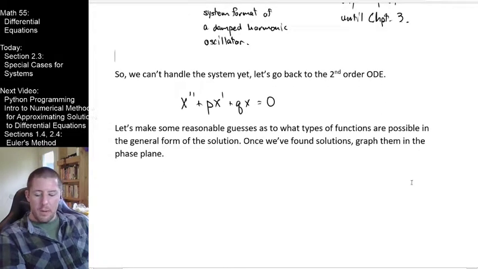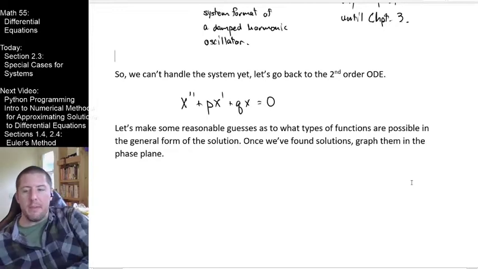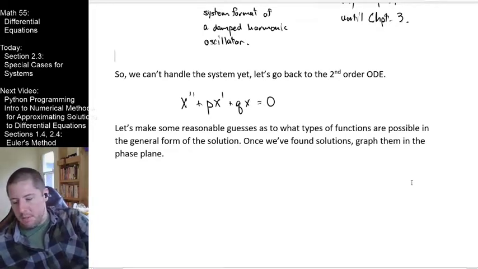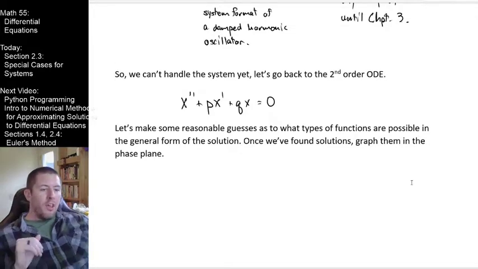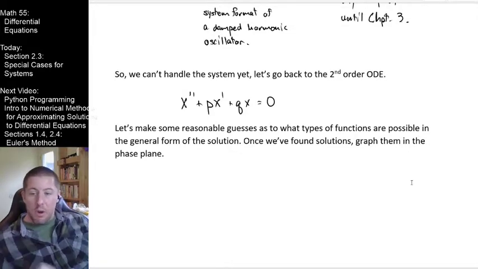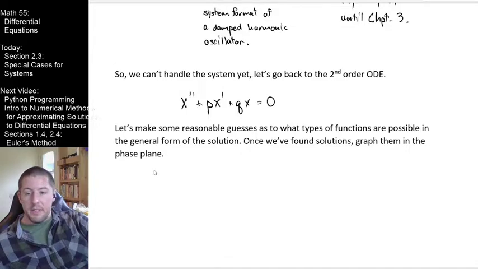What I want to do is I just want to make some guesses. Could we just straight up guess what we might end up doing for some of these things right here? So here's the thing that I'm thinking to myself. The 0th, first, and second derivatives of x are all only apparently going to differ by a constant from one another because they all eventually need to cancel.